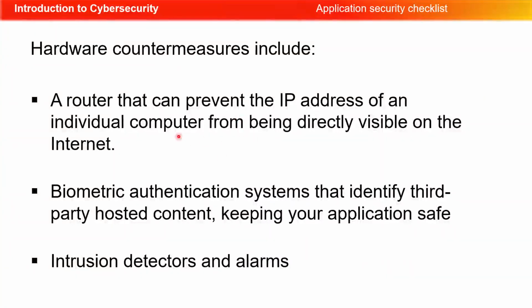Hardware countermeasures include network routers that can prevent the IP addresses of individual computers from being visible on the internet, which is something that can definitely be exploited. Also authentication systems that identify third-party hosted content and keep that application safe, and intrusion detection alerts and alarms.